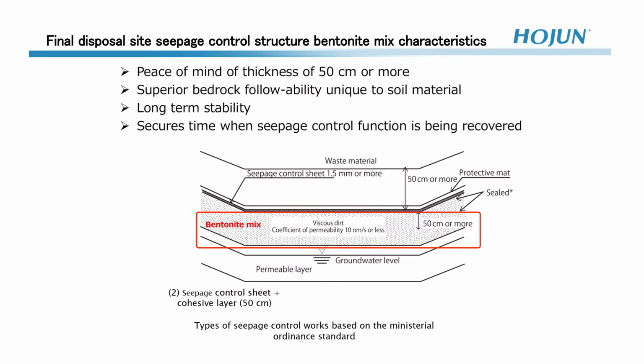Seepage control works with a composite structure of a soil seepage control layer and a seepage control sheet functions as a seepage control system that is mutually complementary. Our bentonite mix technology is playing a major role in achieving safer and better peace of mind seepage control works.